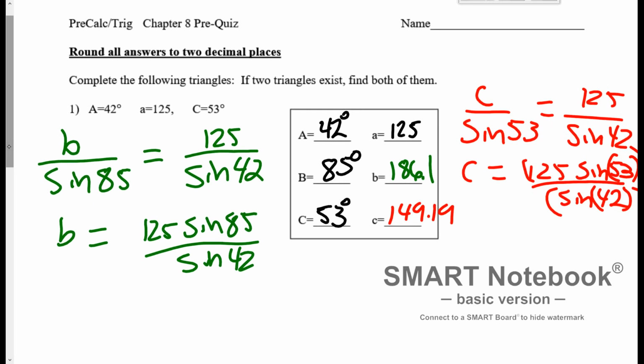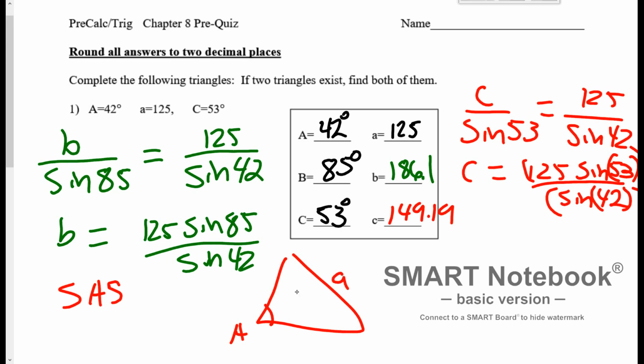Sometimes, depending on what you're given. So here we're given an angle and two sides. So side, angle, side. And so where is that angle? Sometimes you can draw that out. Here we have our angle. Say this is A, this would be little a then. If this is C, this will be little c.